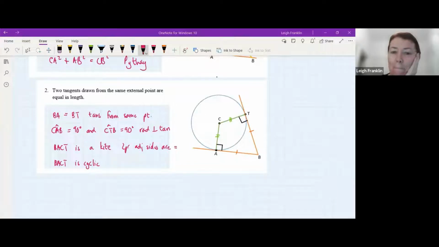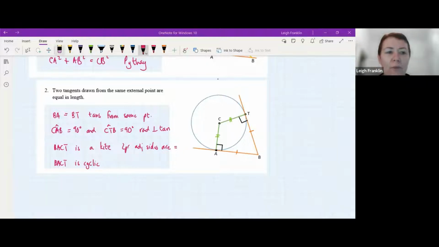Two opposite sides of a cyclic quad are equal. Almost. It's not two opposite sides. So if the two opposite angles add up to 180 degrees. Angles. I want to say angles. Yeah, that's fine. Okay, so because CAB is 90 and CTB is 90, that's what makes BACT cyclic.